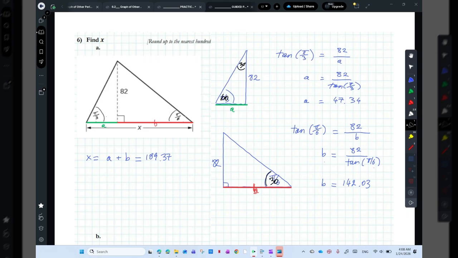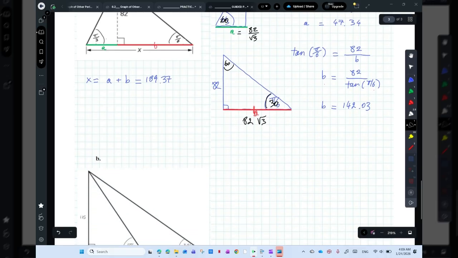This is 30, and therefore this would be 60. So I can directly conclude that A would be 82 over square root of 3, and that B will be 82 times square root of 3.